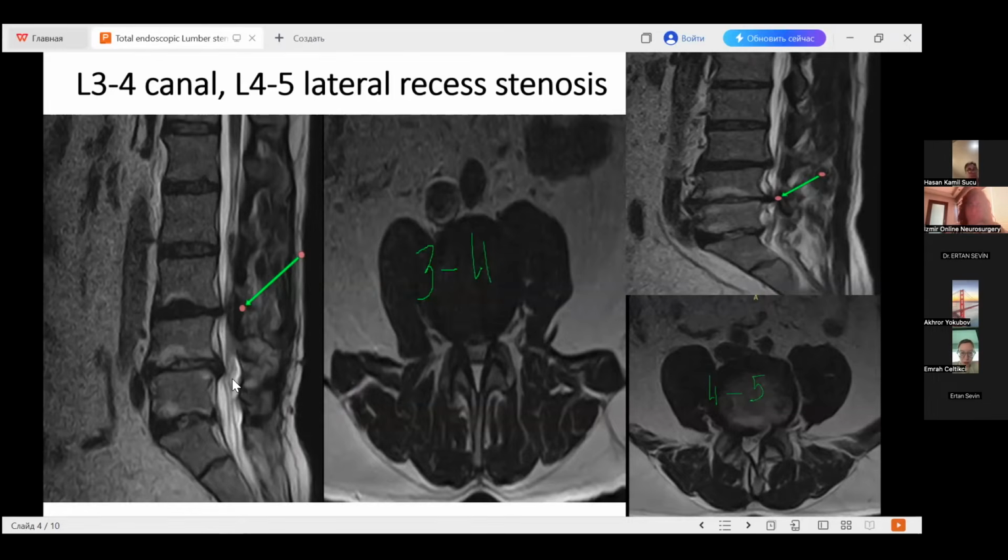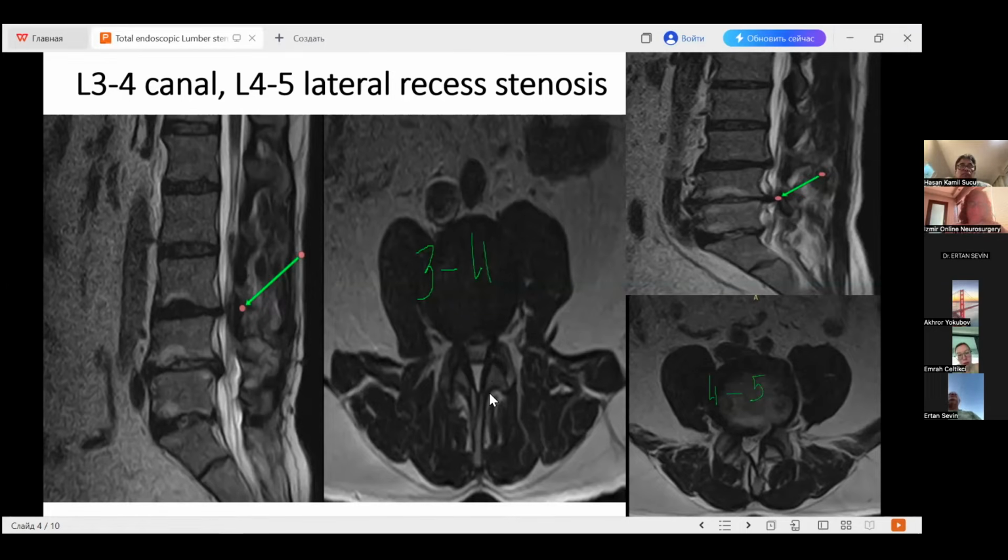After surgery there was some improvement, but not complete, because at the upper level, L3-4, there is canal stenosis, bilateral stenosis. That's why the two surgeries couldn't help the patient. Before surgery the patient had claudication, no pain, little numbness. The main problem is claudication. Then I try bilateral.